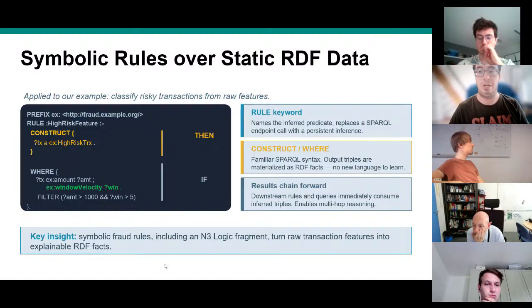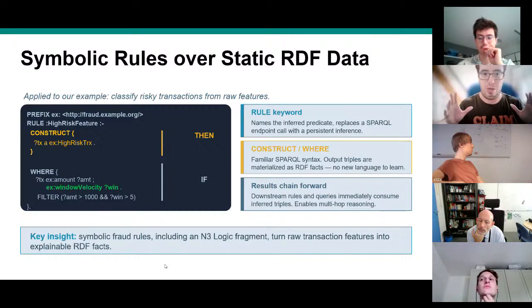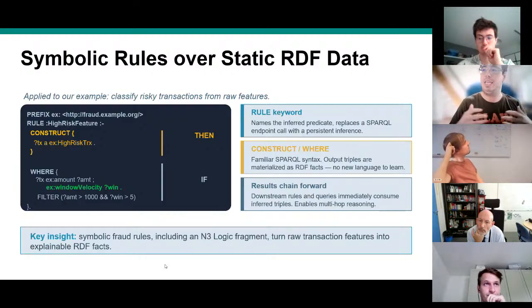I think this is a really good syntax because we are still close to SPARQL, so we are not reinventing something completely different. We're staying and focusing on that, and for the community, it can be really, really good.